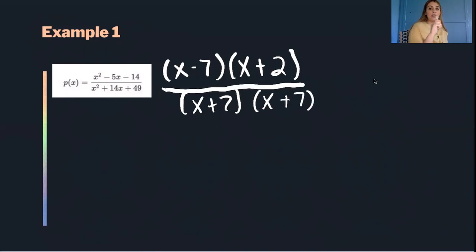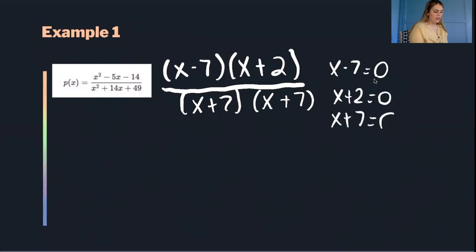So I have three values. I get these by setting all of these equal to 0. And I get the values of 7, negative 7, and negative 2. So I'm going to make a number line.